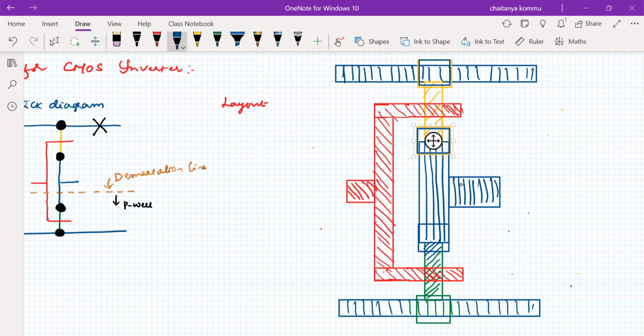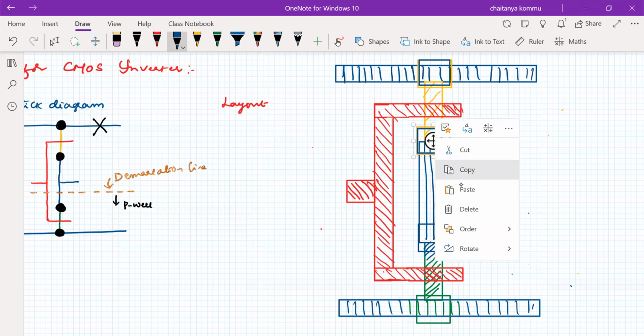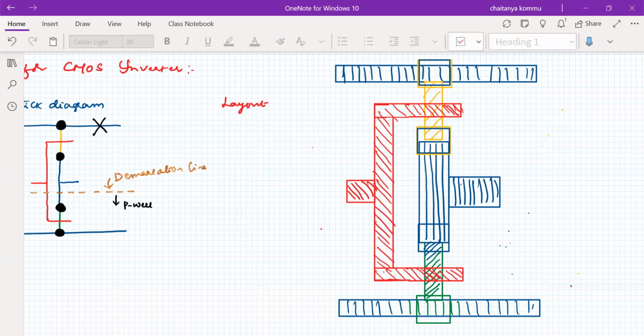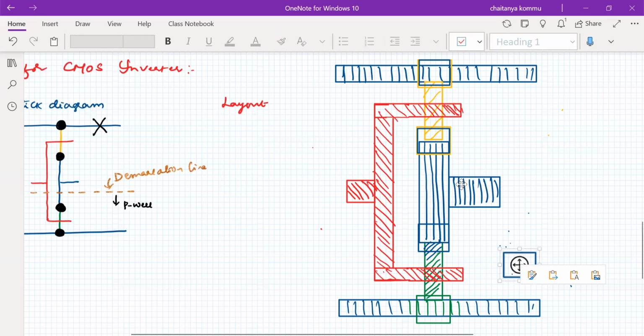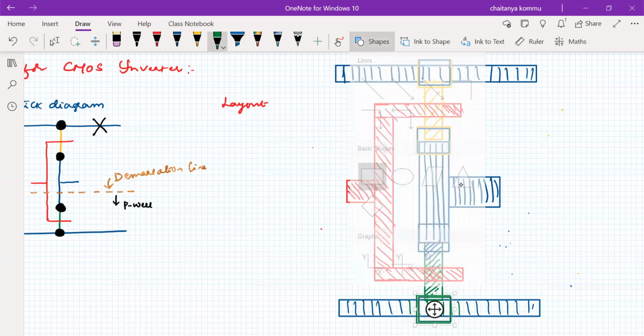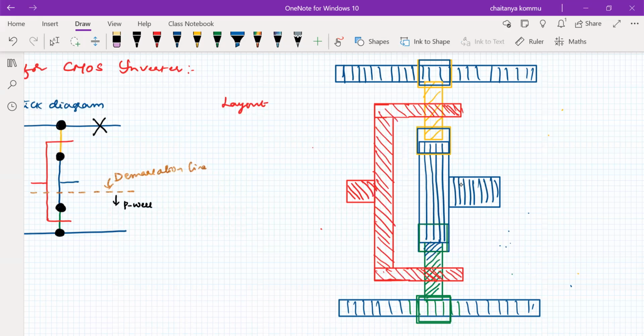Okay. So copy. Let me paste it here. So here also we need to paste. Here it should be blue color, right? So I want to take the blue color overlap region here again. That's it. Okay. So therefore here what I can do is that this overlap region is extended towards all these directions, something like this.